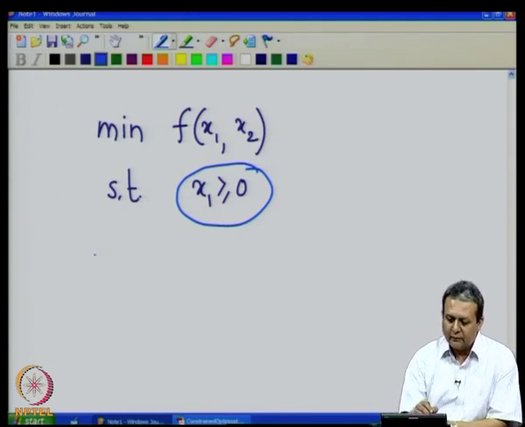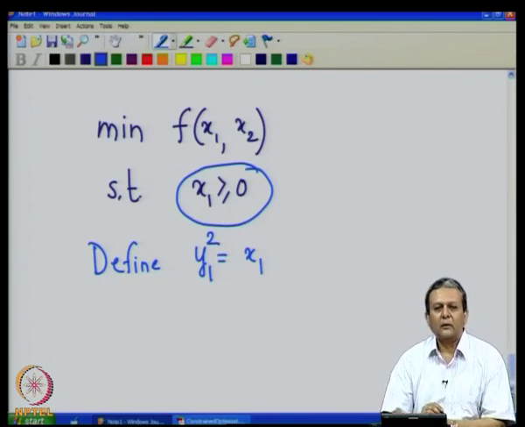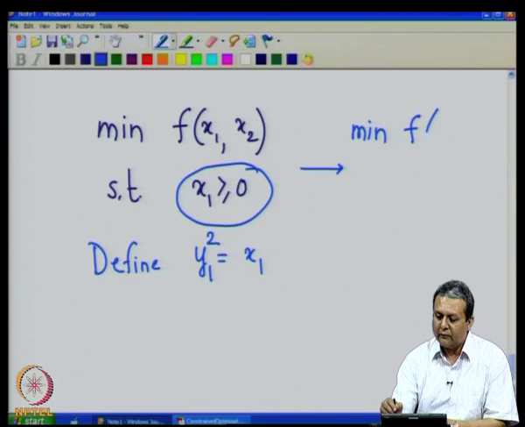So, let us define y1 squared is equal to x1. Since y1 squared is always a non-negative quantity, that means that x1 will also be non-negative, and then we can write this problem as minimize f of y1 squared, x2, and now the variables are y1 and x2.